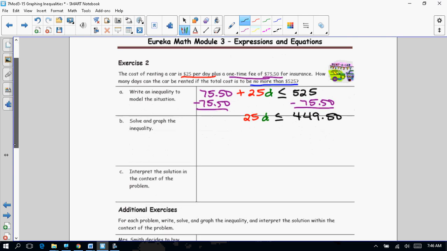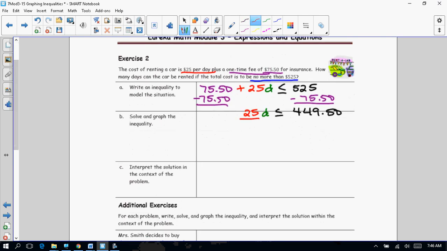All right, now I'm going to take that and divide by 25. D is less than or equal to 17.98. So how many days can I rent this car?